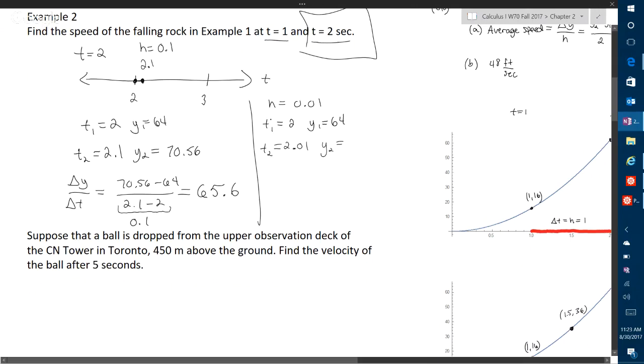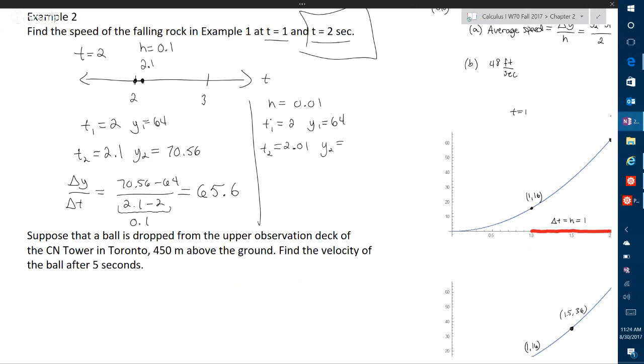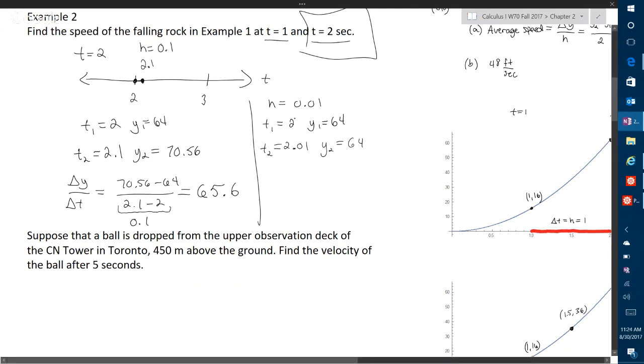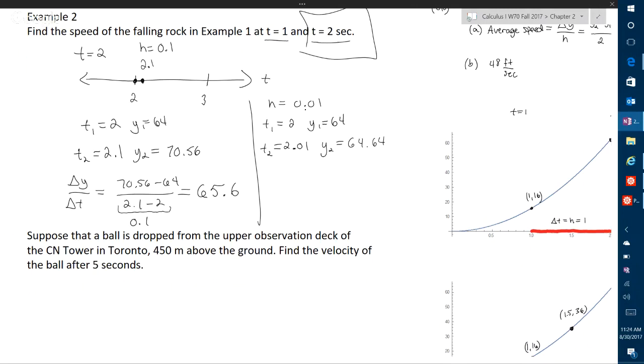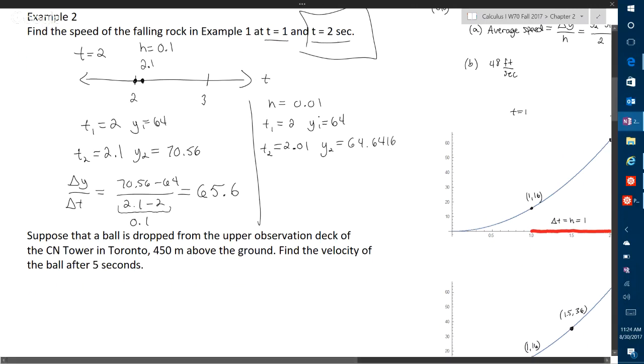y2. 64.64? There are no extra decimals there at the end? Let me input it on mine real quick. I think there should be a couple of extra decimals there. 2.01. Yeah, 64.6416.